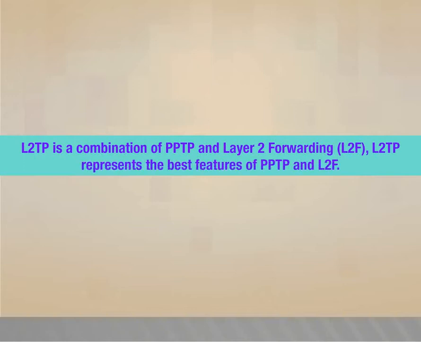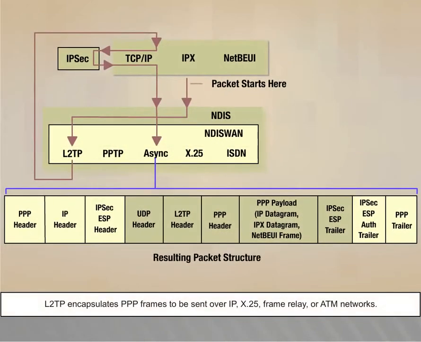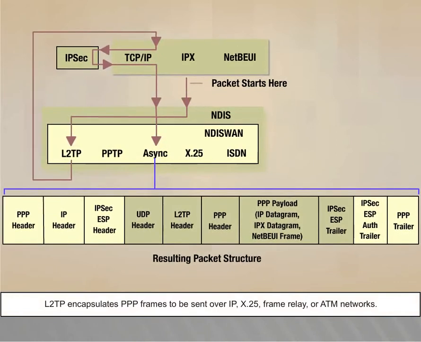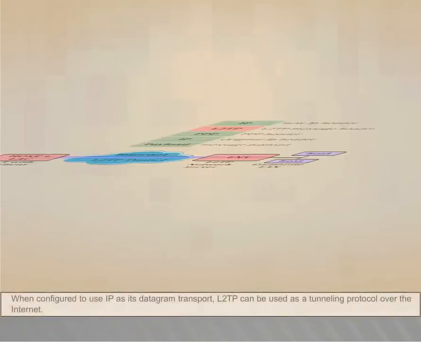L2TP is a combination of PPTP and Layer 2 forwarding, that is L2F. L2TP represents the best features of PPTP and L2F. L2TP encapsulates PPP frames to be sent over IP, X.25, frame relay, or ATM networks.